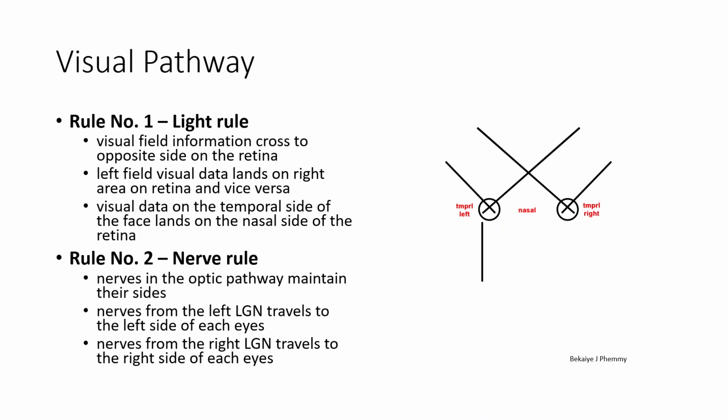Now this is a fiber from the left lateral geniculate nucleus. It maintains its side because it supplies the left side of both eyes, the left side of both retinas. Now look at this one from the right lateral geniculate nucleus.